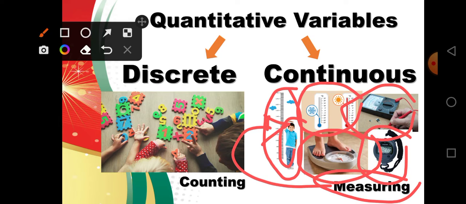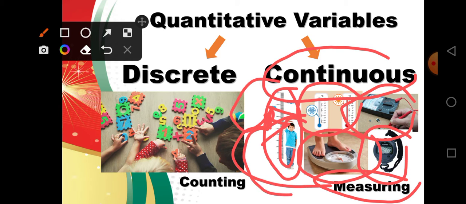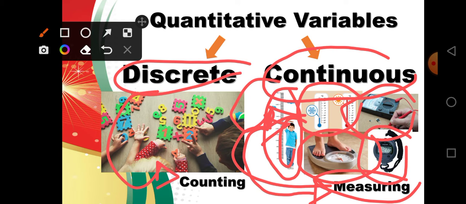So meaning to say, continuous variables are variables whose numbers are obtained by means of using such instruments through the process of measuring. Unlike discrete, we only use our fingers so that we can count such variables. So that is the difference between discrete and continuous variables. Discrete if the number is obtained by counting, and continuous if the number is obtained by measuring.